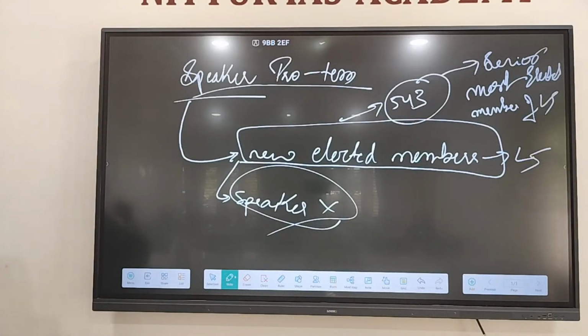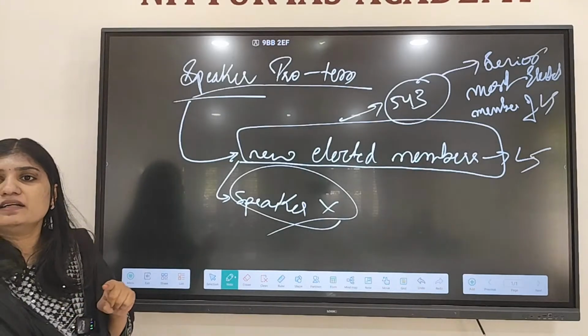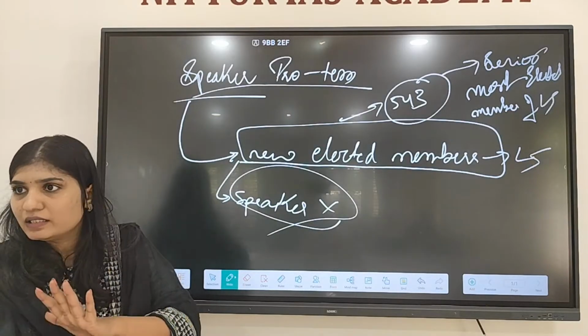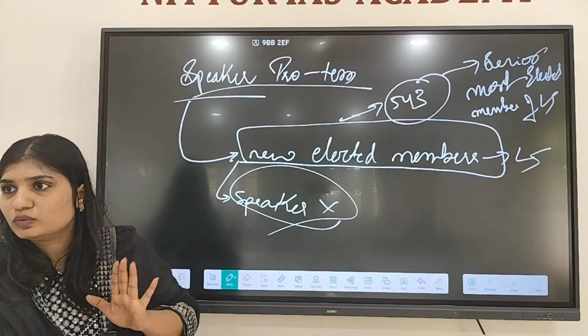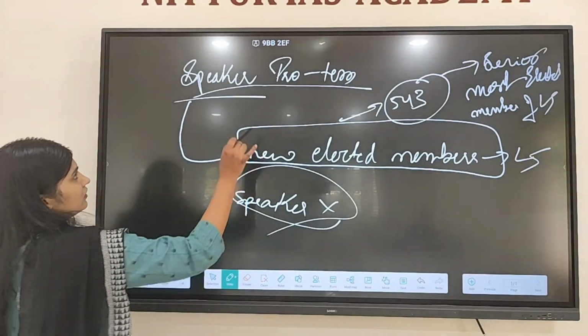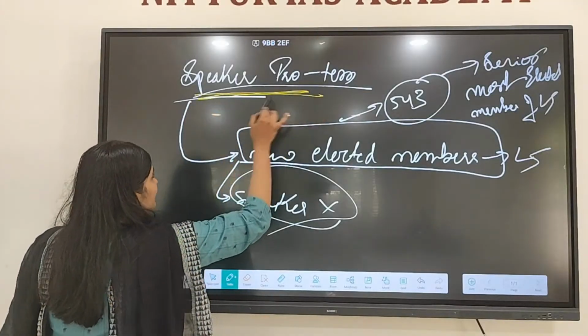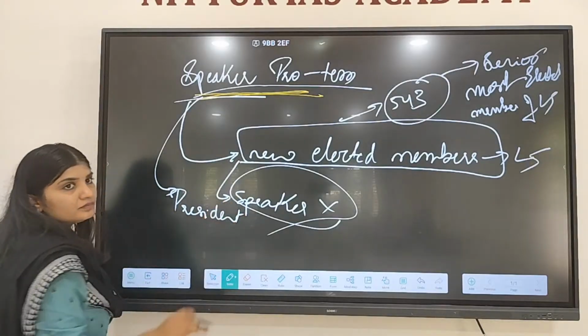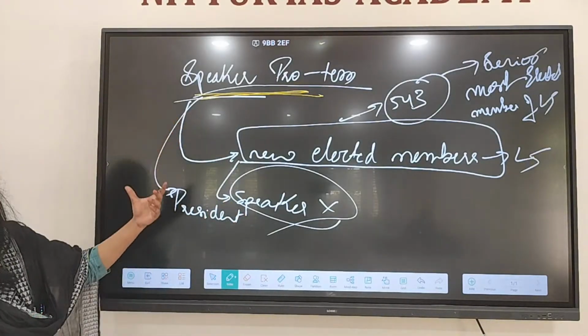Senior most member of Lok Sabha will be appointed as Speaker pro tem. Tem means temporary. Speaker is temporary, only for 1 day or 2 days, that's it. The Speaker pro tem will be appointed by the President.